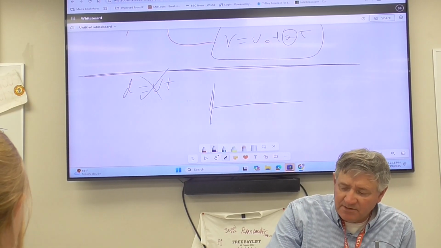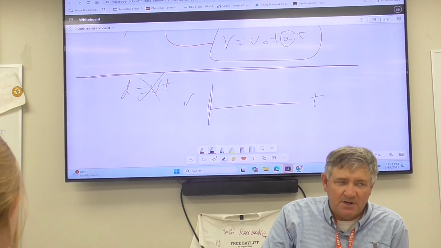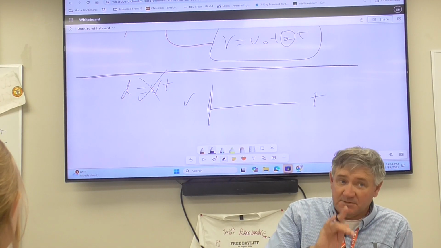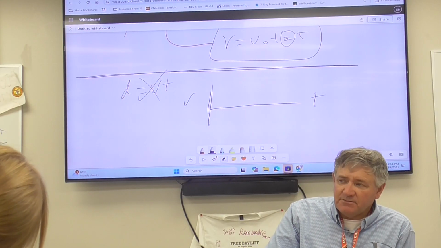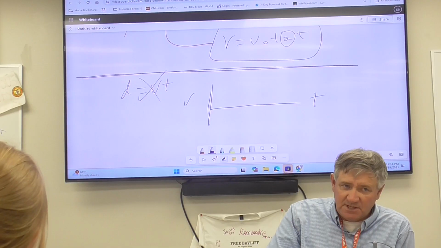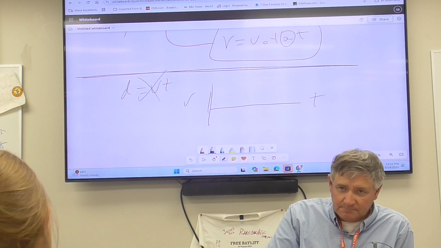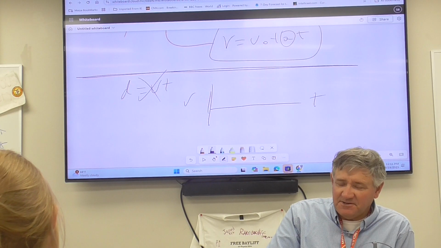True or false? If an object is going to change direction, the slope of the velocity time graph must change sign. True. Mara, you shake your head no. Why?